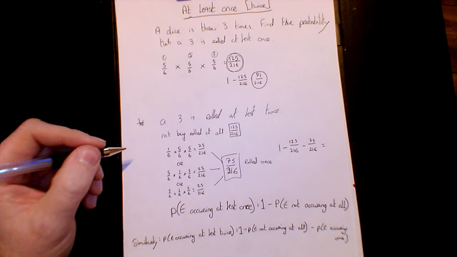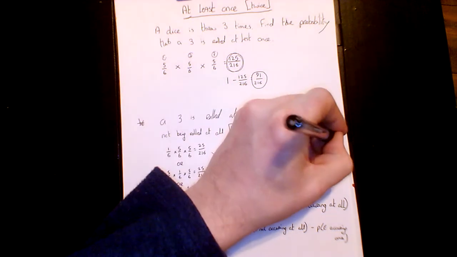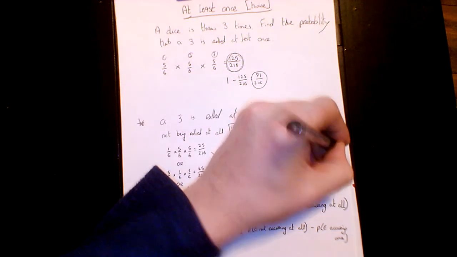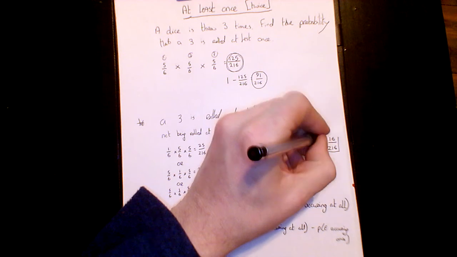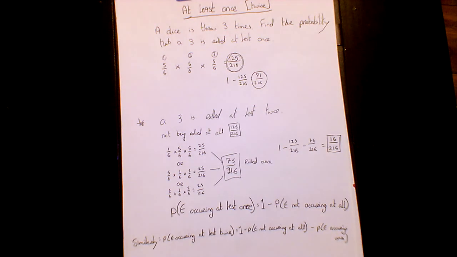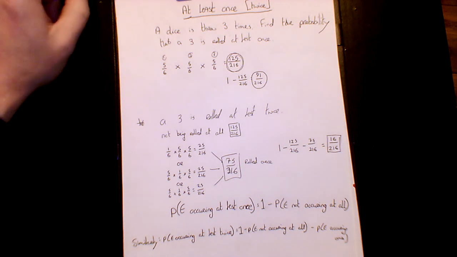And that will give us 16 over 216, I think. So the probability of a 3 being rolled at least twice is 16 over 216.